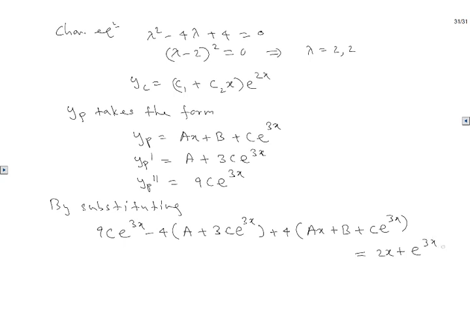Now what we can do, we can equate the coefficients of linearly independent terms.